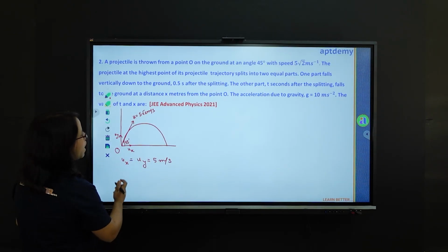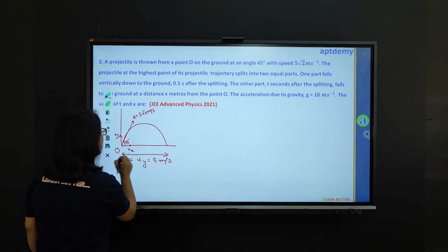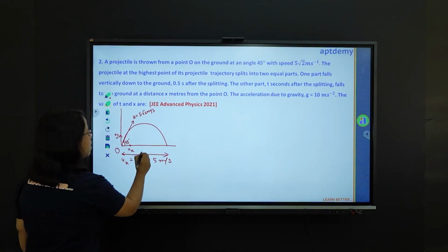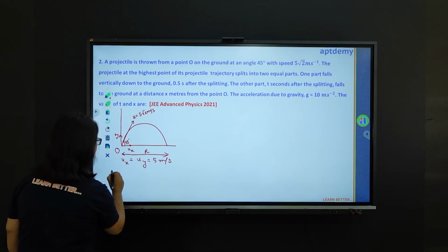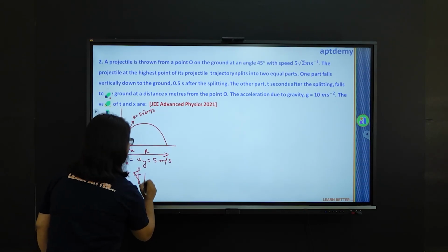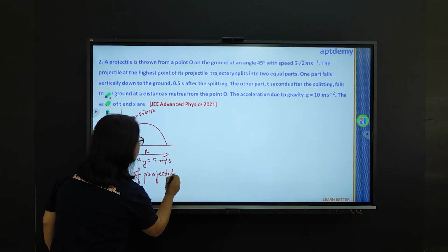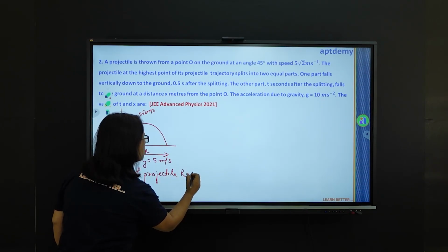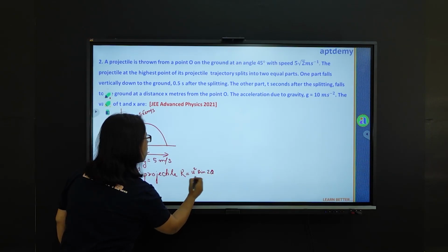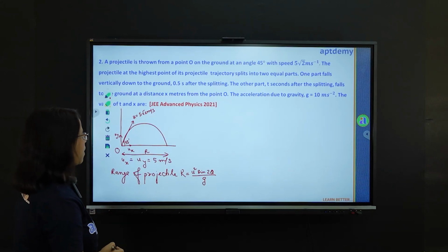Now the range of the projectile, range is the distance traversed from the point of projection. Let me assume the range to be R. Let's go with the formula for range. R equals u square sine 2 theta by g. We have theta equals 45 degree.